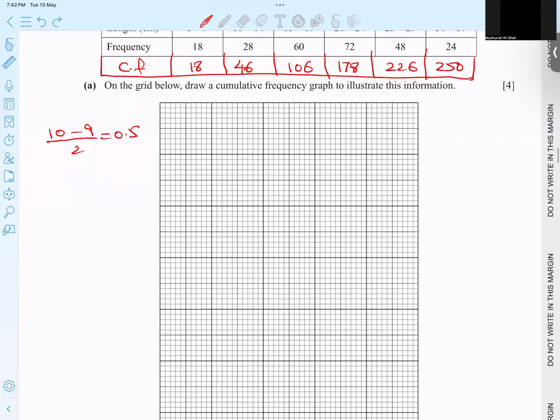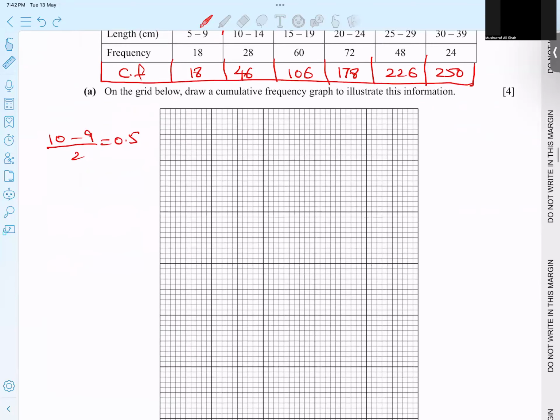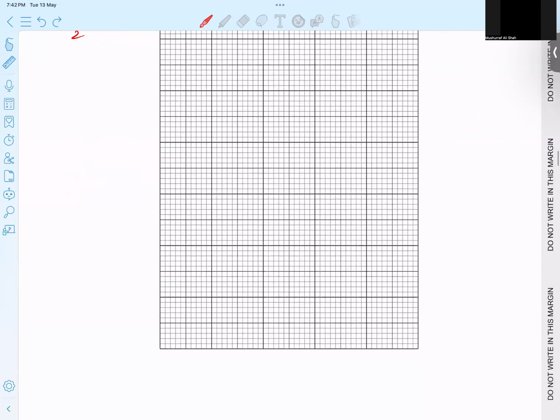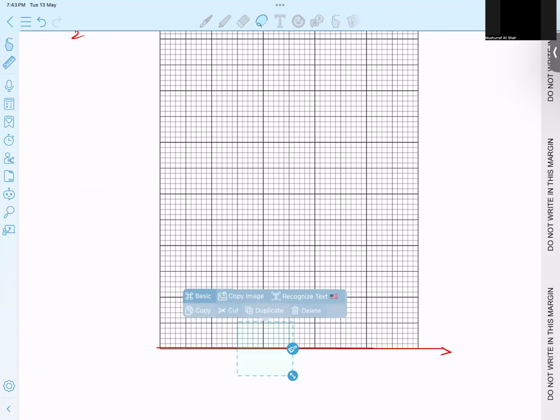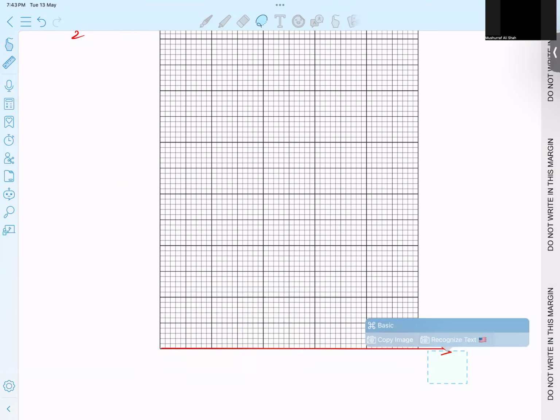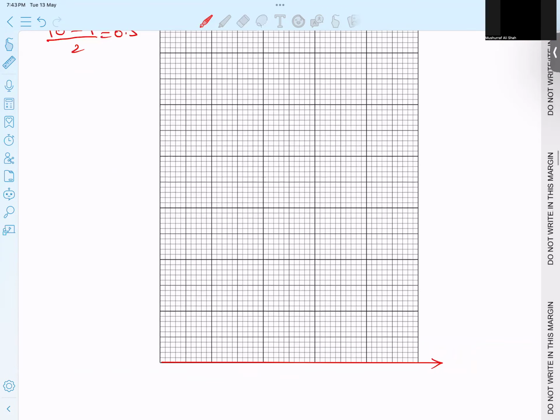Now, when you make a CF graph, there are two important technical points I will discuss here.